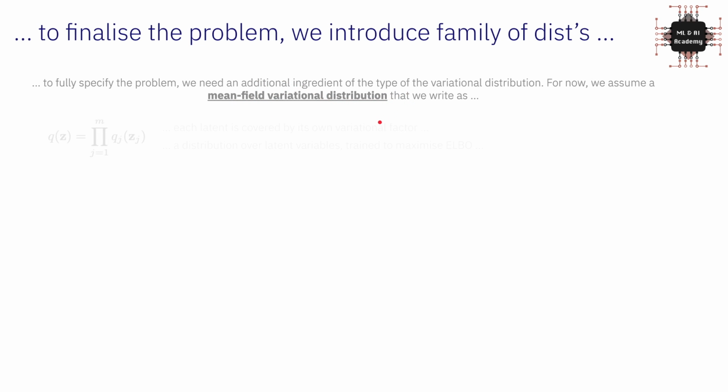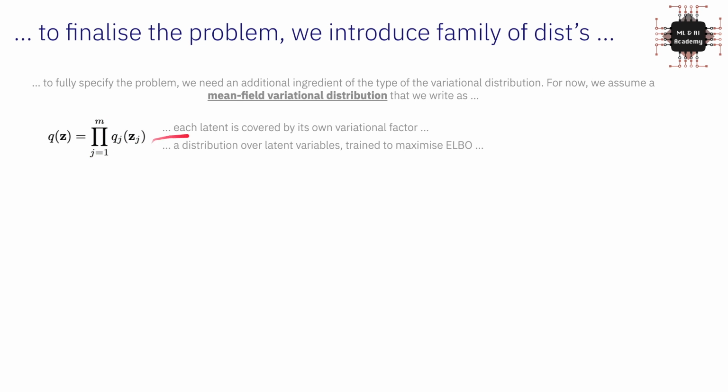The mean field variational distribution simply says that the variational joint over Q of Z is nothing but the product from j equals 1 to m of Q_j of Z_j. So each latent is covered by its own variational factor, and there is a distribution over each of these latent variables which will be trained to maximize the ELBO, right? Now this is a big assumption, and that's why it's called the mean field variational distribution assumption.